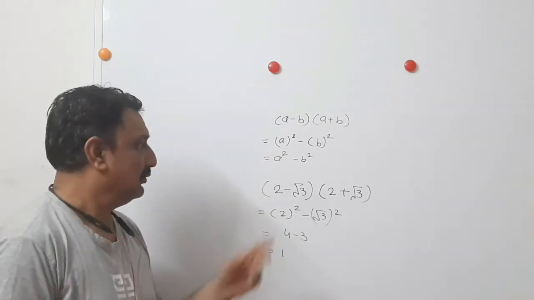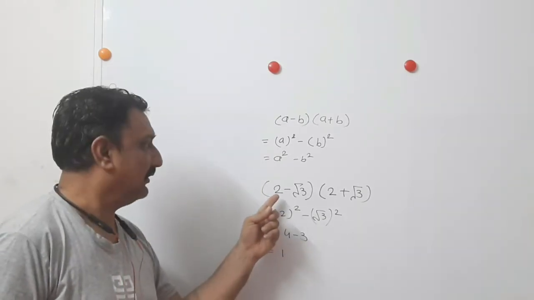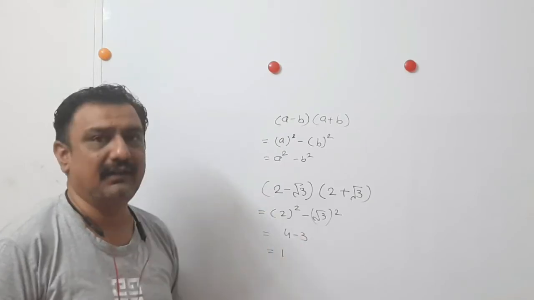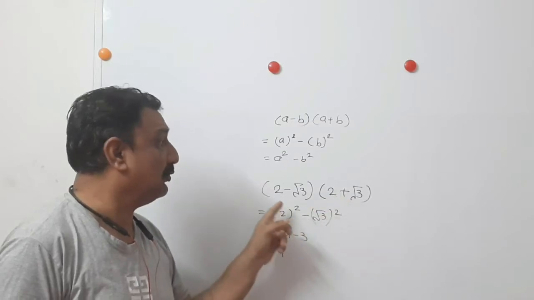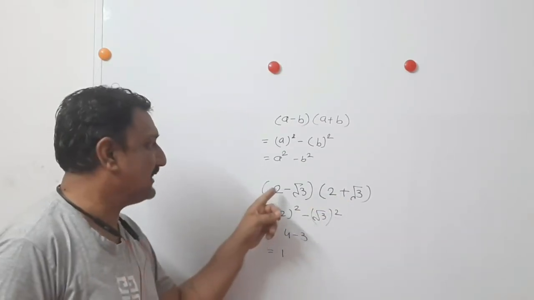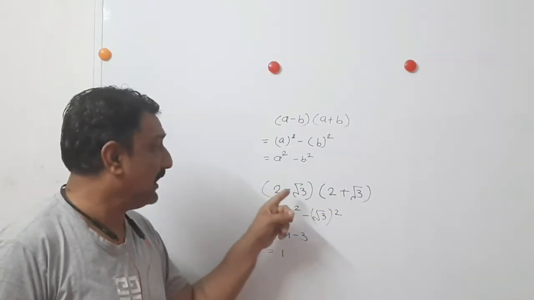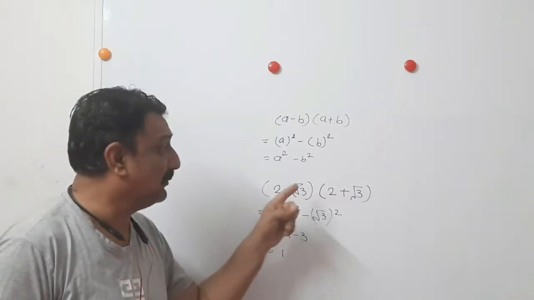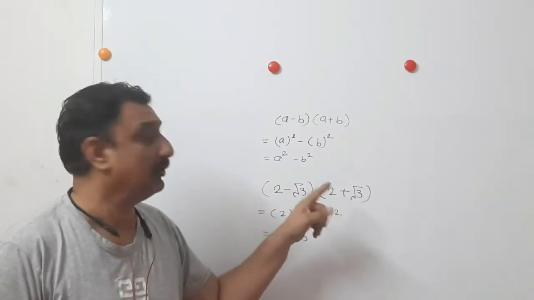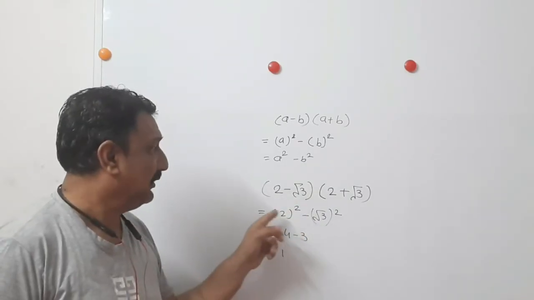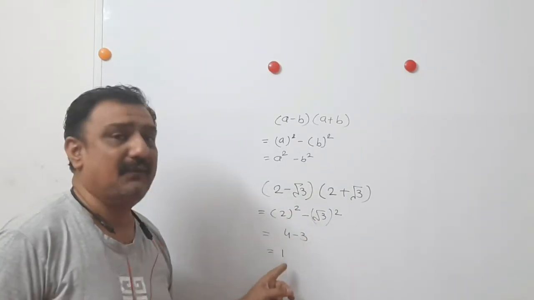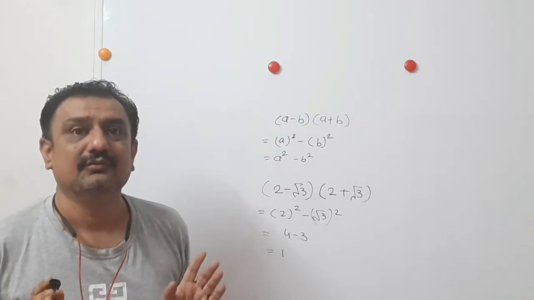So to rationalize the surd 2 minus root 3, I have to multiply it by another surd, 2 plus root 3. And due to that, once I simplify, I will get the rational value.